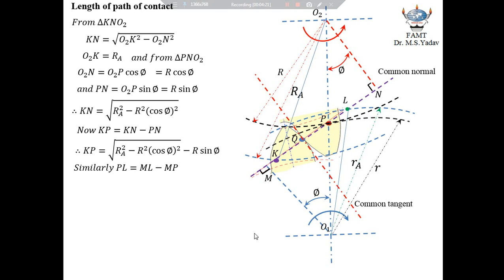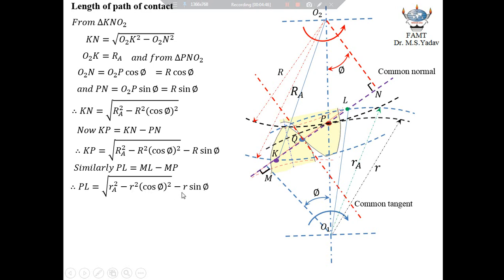Similarly, from the figure we can write PL as ML minus MP, and doing similar calculations we can get the expression for PL as square root of small ra square minus small r square cos square phi.